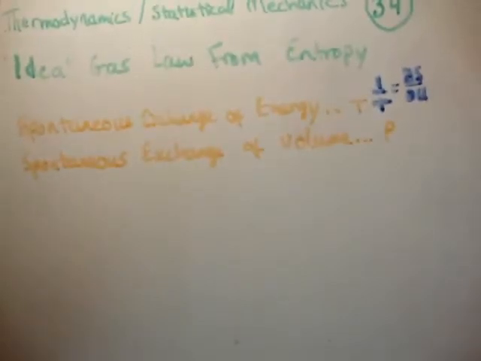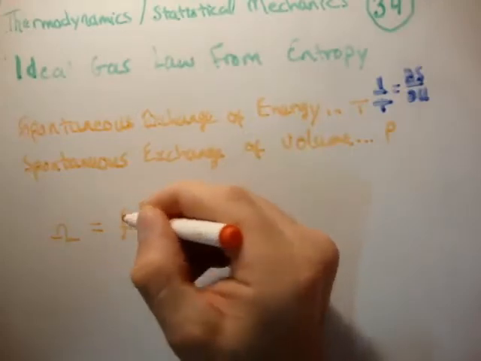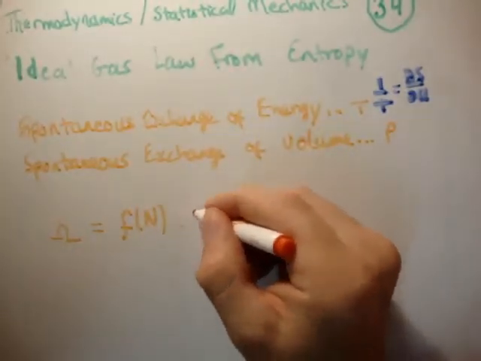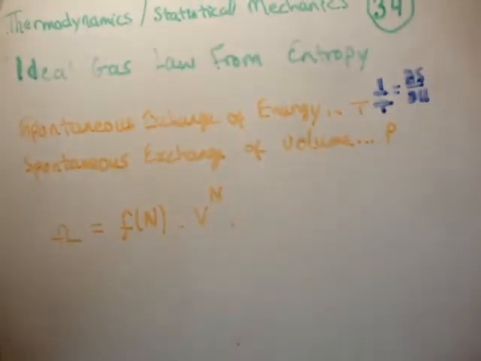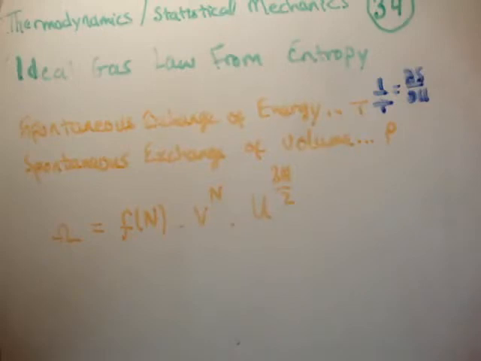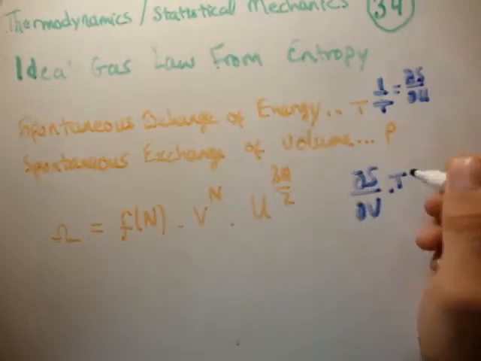Remember in the video where I discussed the multiplicity of an ideal gas, the multiplicity is equal to a complicated function, which I'm just going to call f, a function of n, and then we had V to the n, and we had U to the 3n over 2. So we need to get del S del V multiplied by T in order to get pressure. So let's go ahead and do that.